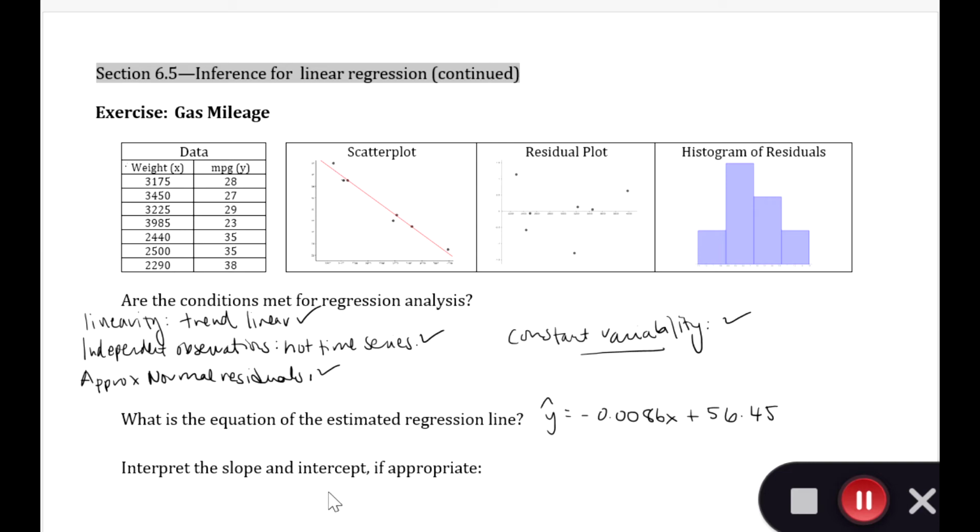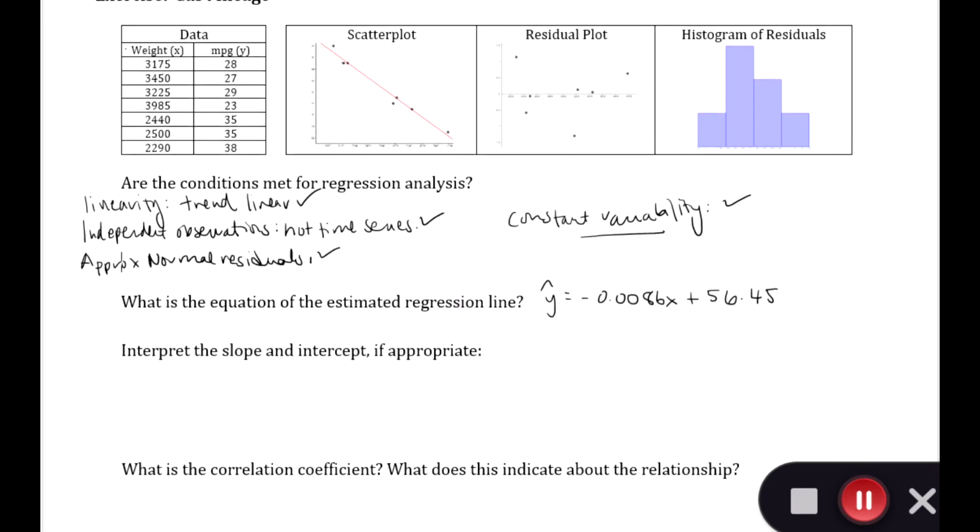Okay. So now we have to go through and interpret our slope and our intercept if it's appropriate. So your slope, we all think of the slope as rise over run. It's going to be this coefficient in front of the x variable. So we have negative 0.0086. We think of this as rise over run, so we make it into a fraction over 1.